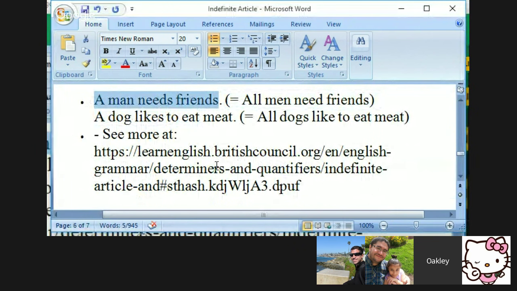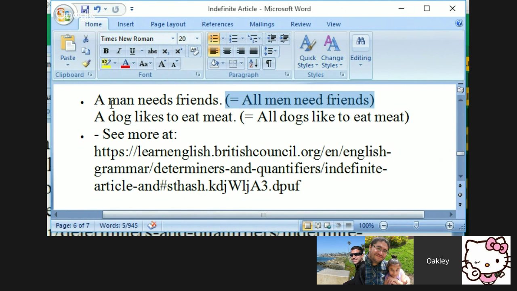We're talking in general. The meaning is all men need friends. You could just say men need friends. Countable nouns in normal colloquial speech, if we want to talk in general about something, we just use the plural of the countable nouns.